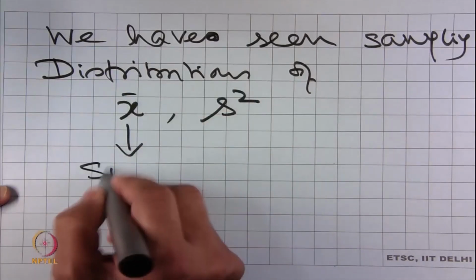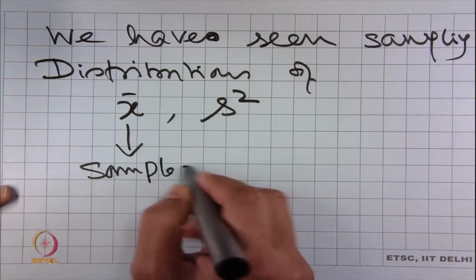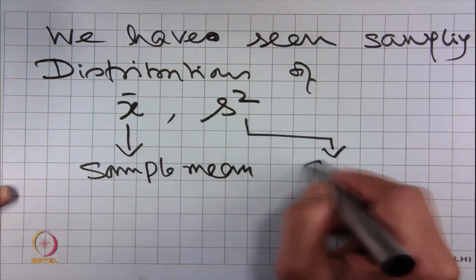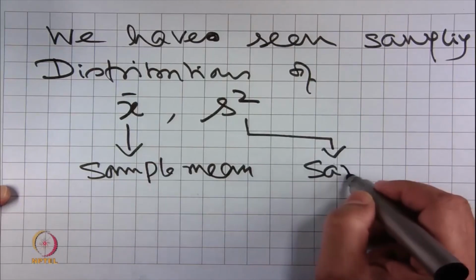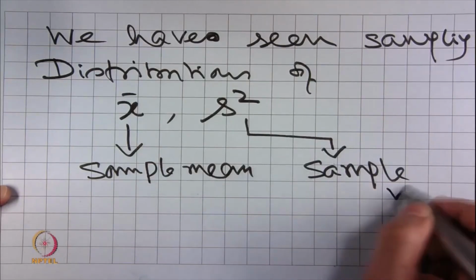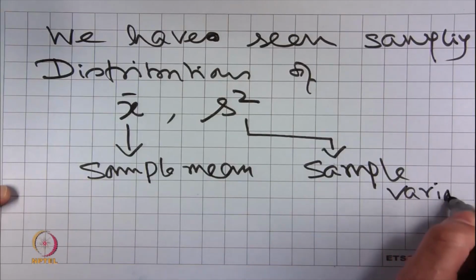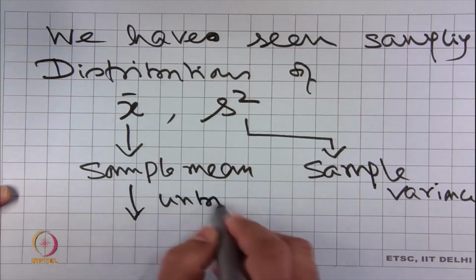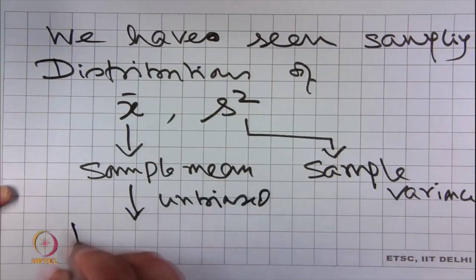This is the sample mean, this is the sample variance, and we have seen that x bar is unbiased for the population mean.